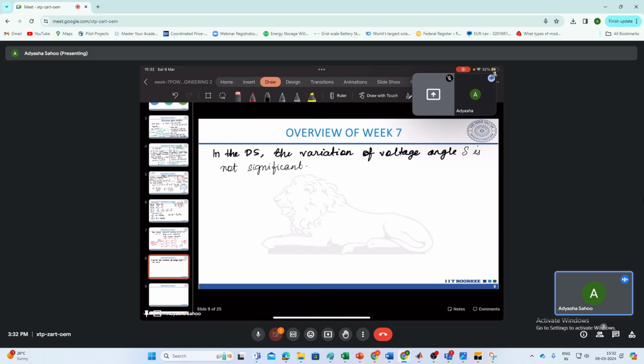It's not very significant. So they will always be close to zero only. So what we are mostly interested in is knowing the voltage magnitude.